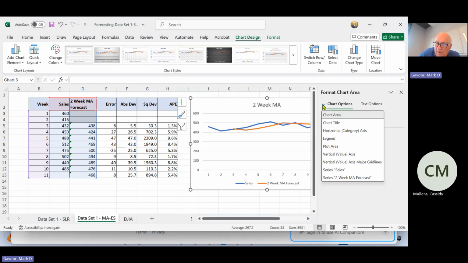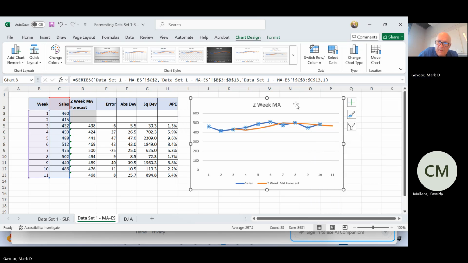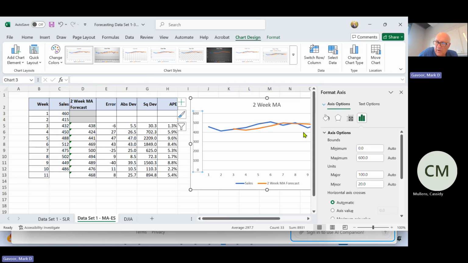Chart title. Why isn't it letting me change the range? There we go. I may change this up to 300.